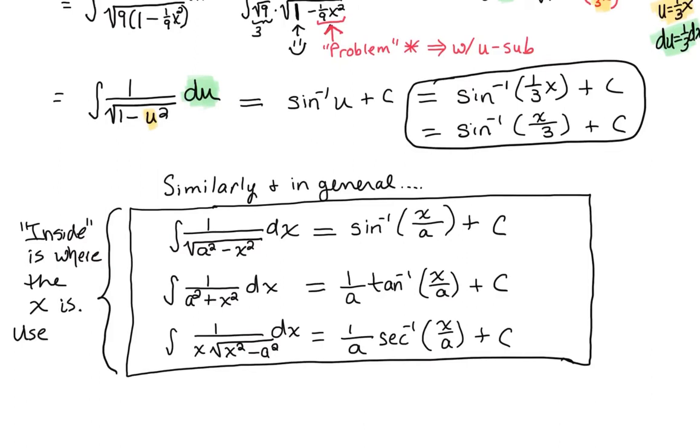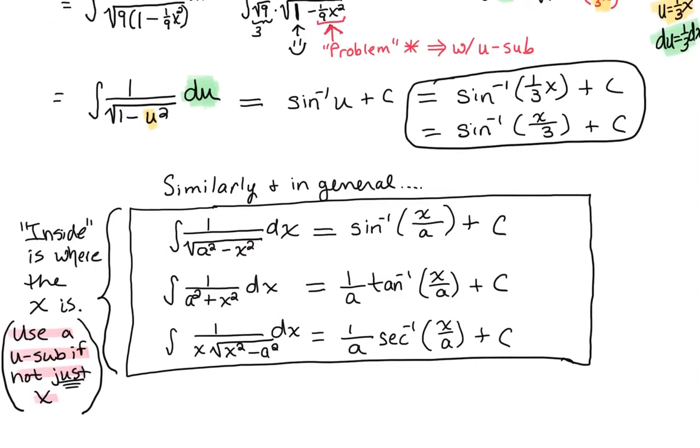You'll need to use a U-sub if it's not just x. If it's not just x in those locations, you are going to need a U-sub. Even with these shortcut formulas, that's what you have to watch for.